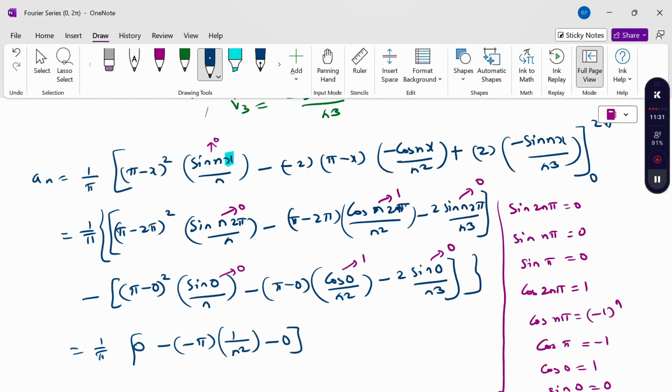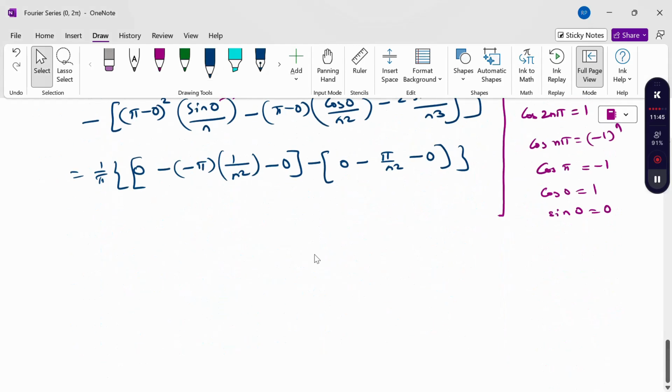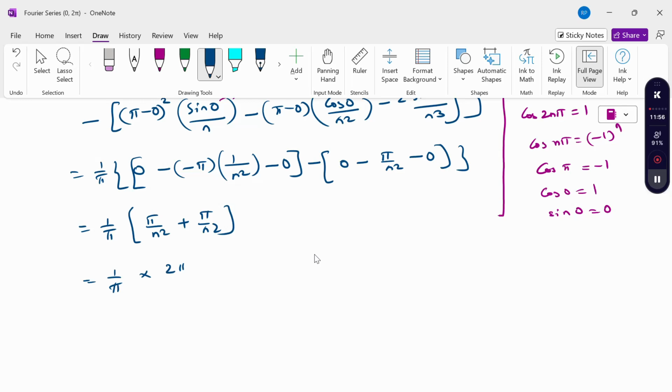This is the upper limit, minus the lower limit: the first term 0, then minus pi by n square, then this term also 0. Therefore 1 by pi, minus into minus plus, so pi by n square plus pi by n square. So 1 by pi into 2 pi by n square, the pi will be cancelled, so a n is 2 by n square.